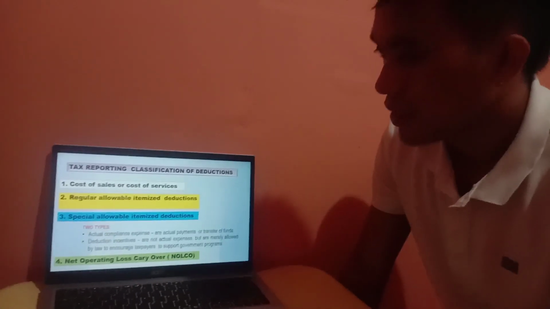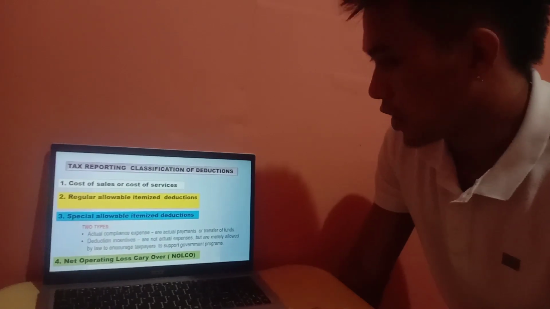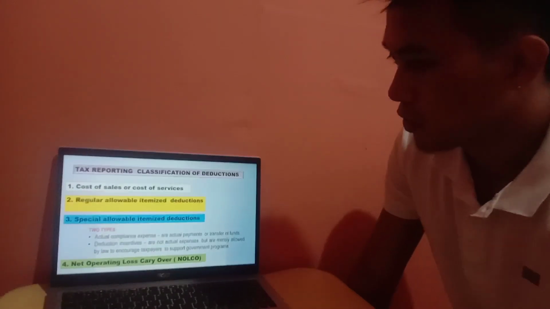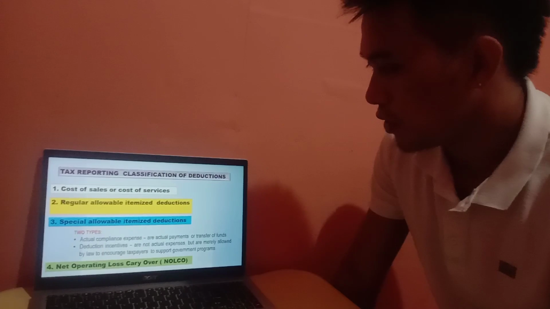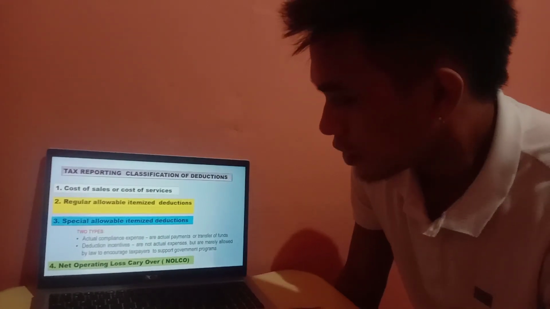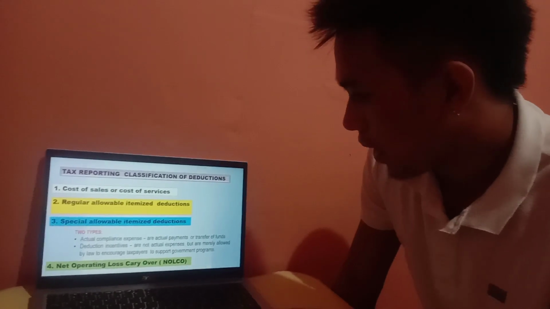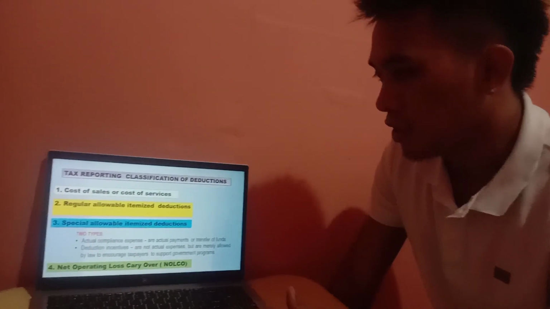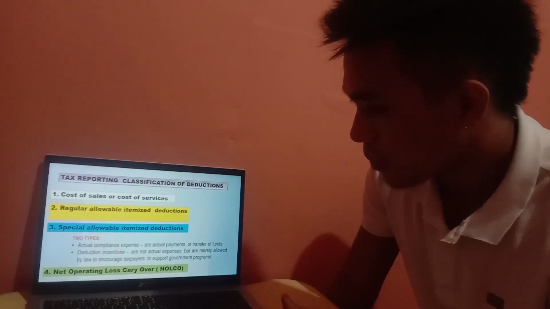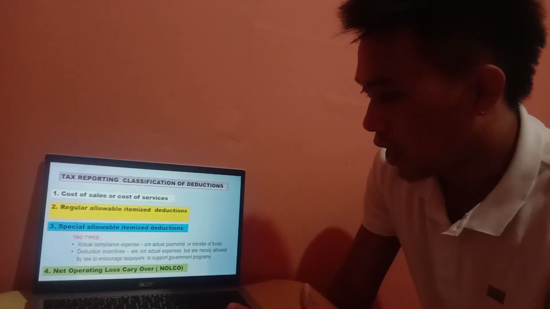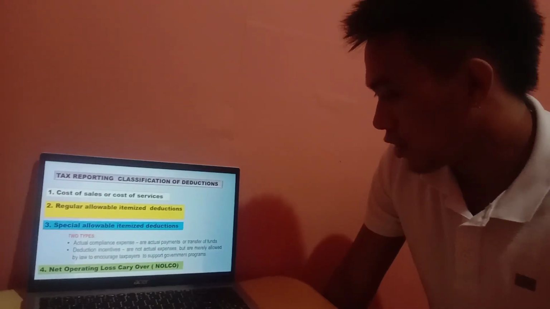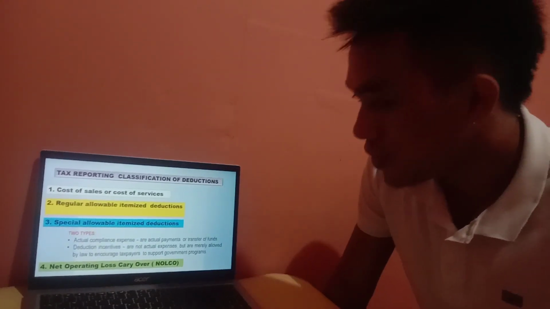Next is tax reporting classification of deductions. First, cost of sales or cost of services. Second, regular allowable itemized deductions. Third, special allowable itemized deductions. We have two types: actual compliance expense or actual payment or transfer of funds.